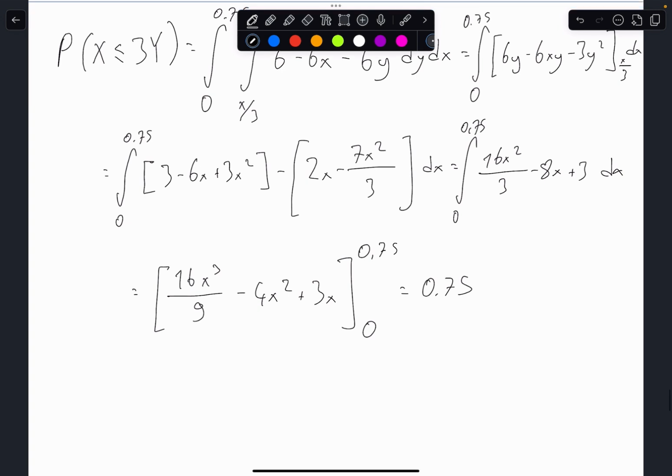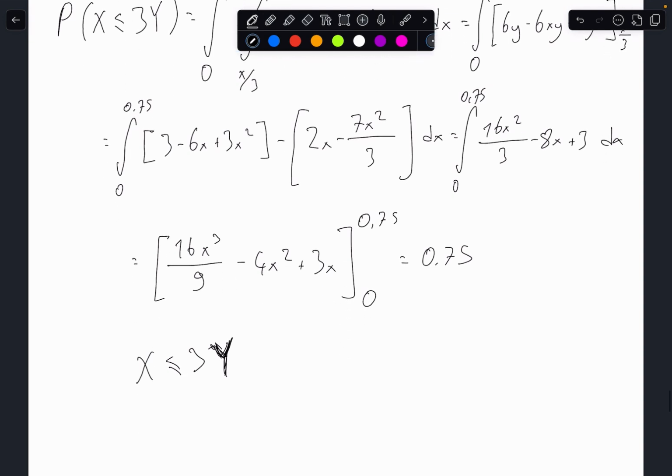Since we have a pyramid shape and x is less equal 3y, we can easily understand the probability will be 75%.